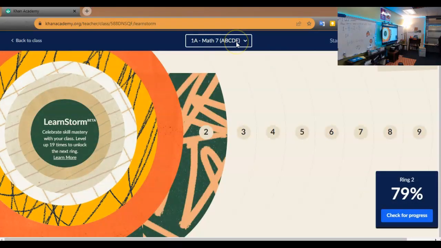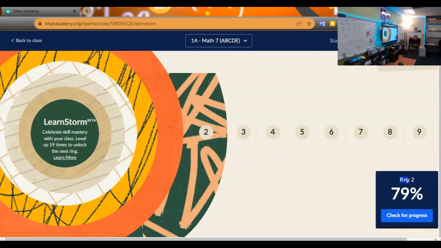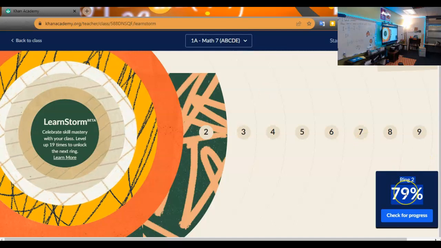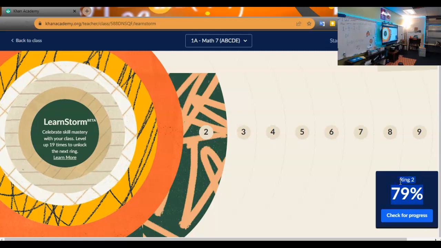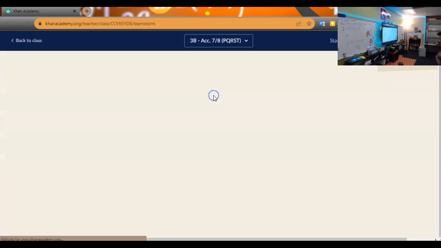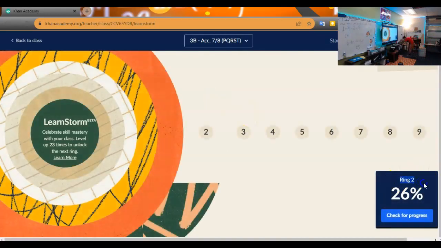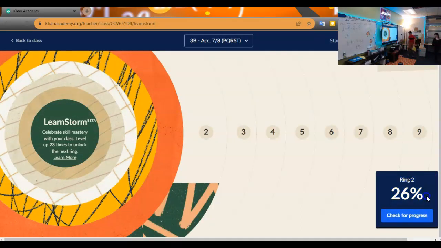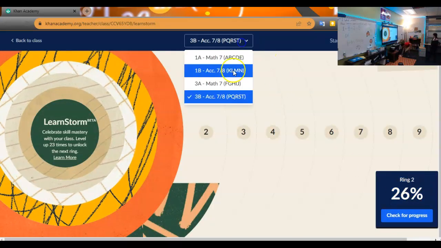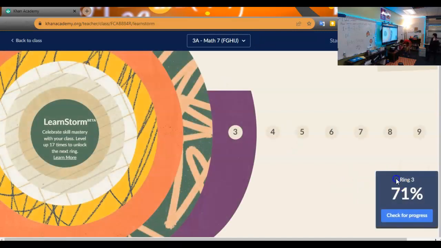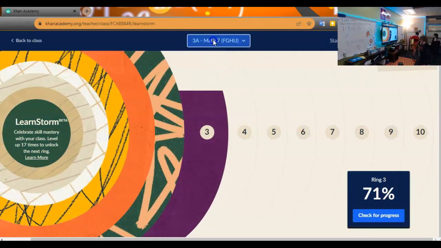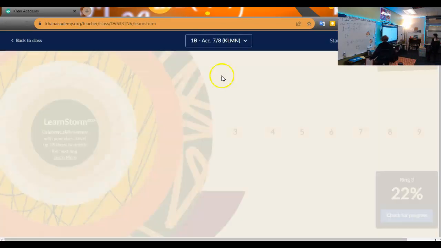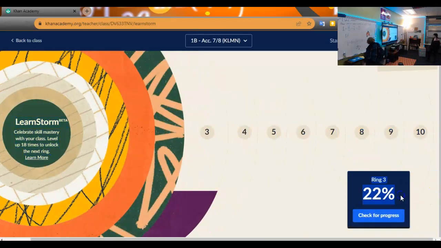All right, friends. 1A just checked. Hey, I'm not going to talk over you, so I'll just do this. 1A just checked. They're on ring 2 at 79%. Let's go backwards to get back to you guys then. 3B, they seem to be dragging a little bit. Ring 2, 26%. 3A, they're kicking butt. Ring 3, 71%. And then you guys, ring 3, 22%.